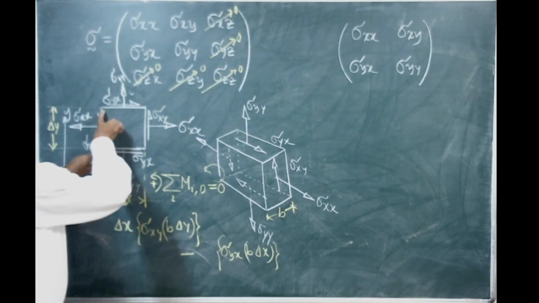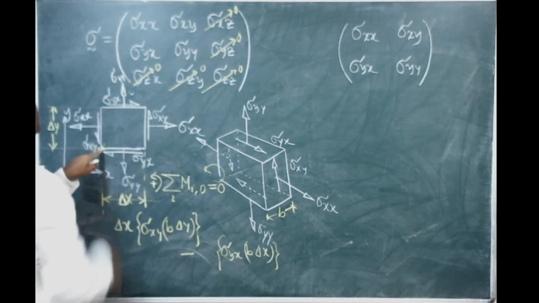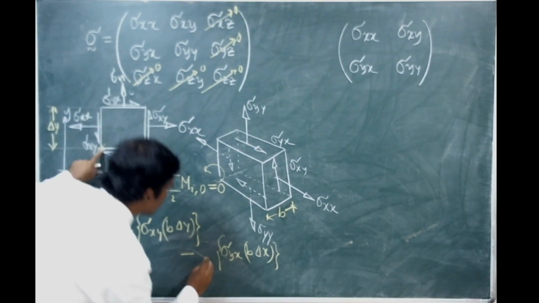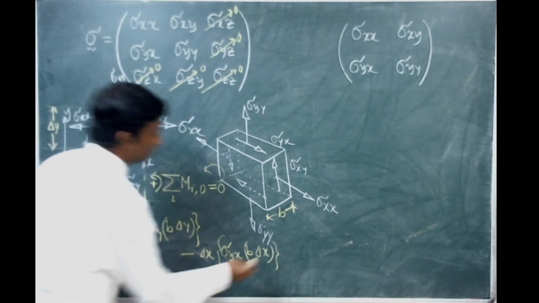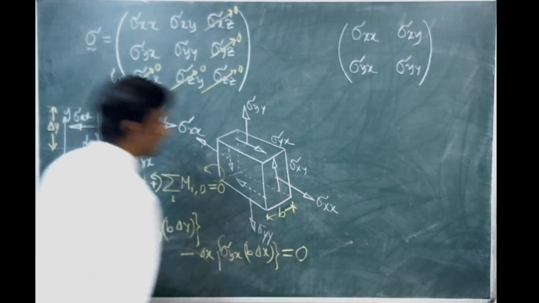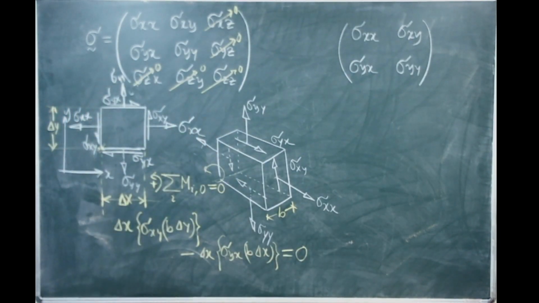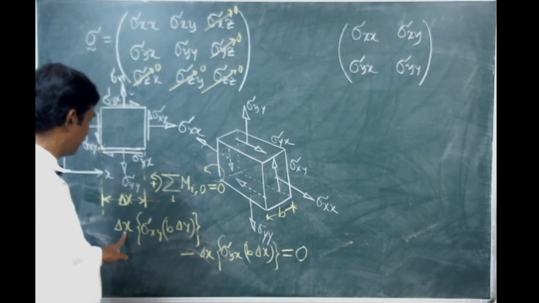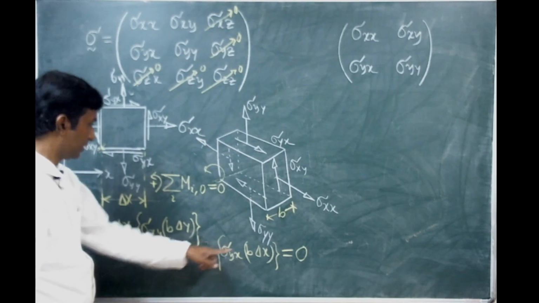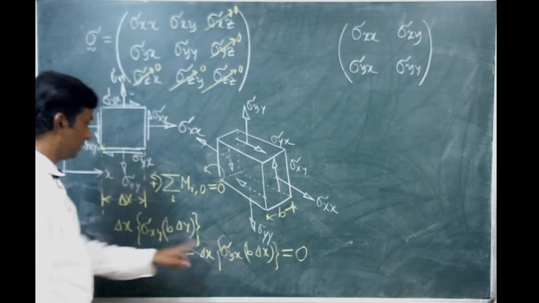The normal distance, or the offset of the lever arm, is delta x. These two quantities must balance each other to maintain rotational equilibrium. Delta x is present in both terms, delta y is present in both terms, and b is also present.